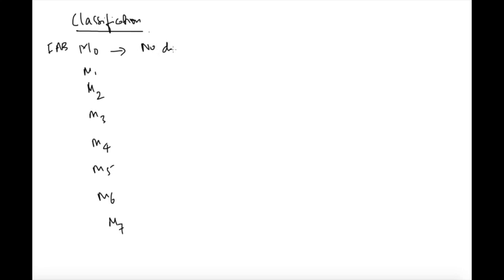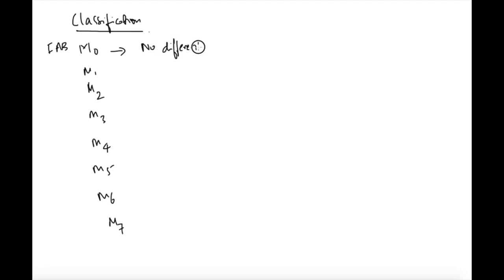So we've been told from our second year that we have the FAB classification, starting from M0 and going to M7. So what was M0? M0 is where there is no differentiation at all.